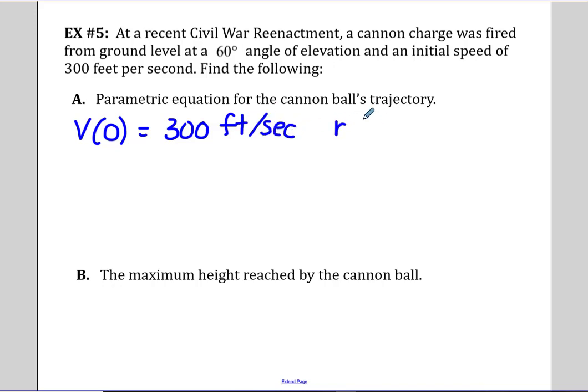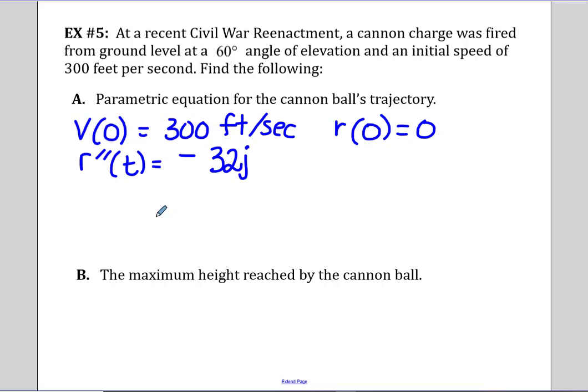And we know that r sub 0 is going to be 0 since it's starting on the ground. We also know, since the units are in feet, that the second derivative is going to be negative 32j. Okay, so that's the vertical direction.